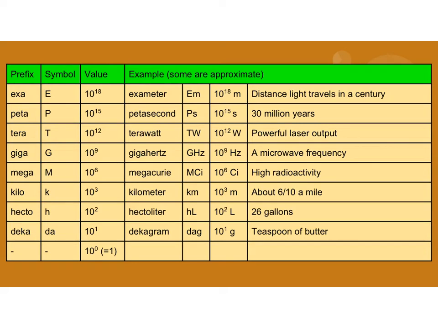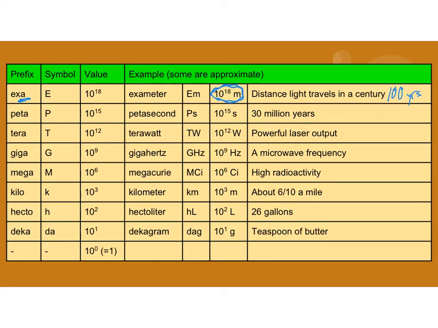So we have exa, that is 10 to the 18th power. Exameter is a distance, so 1 exameter would be the distance light travels in a century. That is how far light would travel in 100 years. And light travels very, very fast. So this is a very large distance.